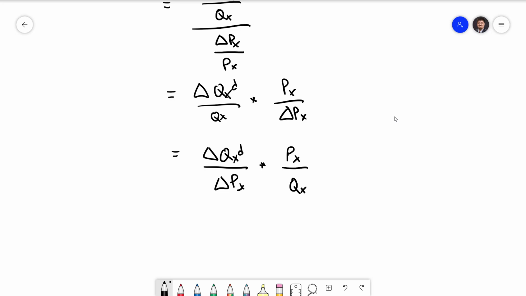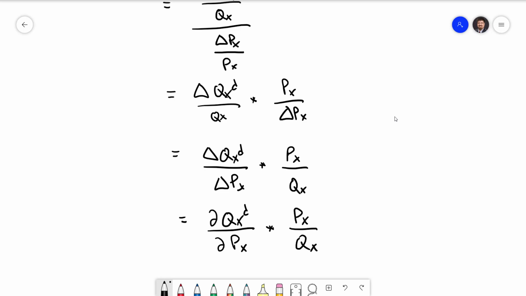I'm going to take this a step further. When we make these deltas, these changes, infinitesimally small, smaller and smaller, these changes turn into a derivative. And specifically, since our demand functions have lots of different variables in them, they're going to be partial derivatives. So I'm going to change this into ∂qxd over ∂px times px over qx.